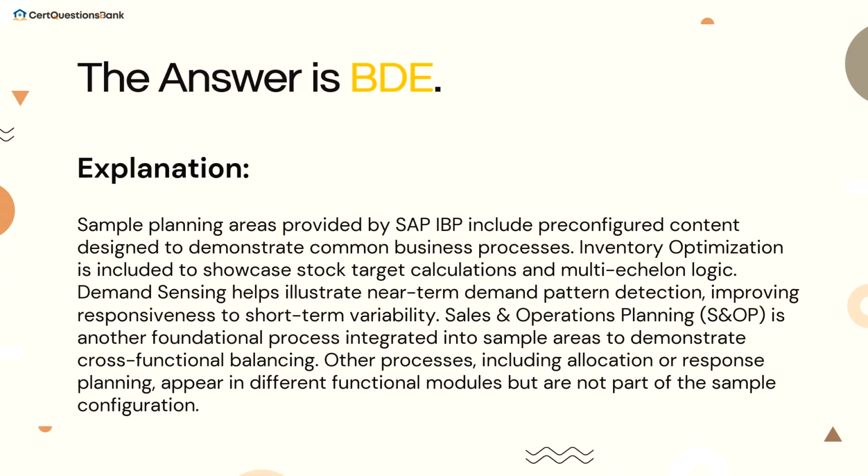Sales and operations planning, S&OP, is another foundational process integrated into sample areas to demonstrate cross-functional balancing. Other processes, including allocation or response planning, appear in different functional modules but are not part of the sample configuration.